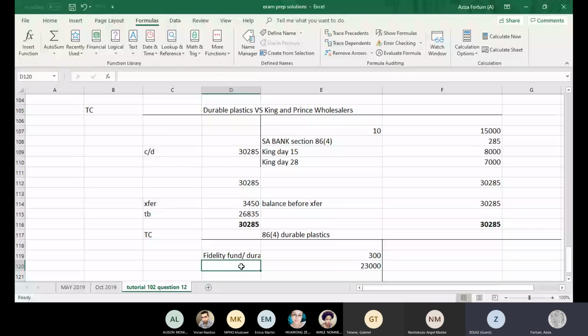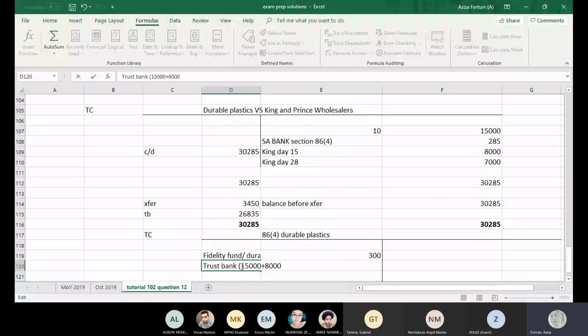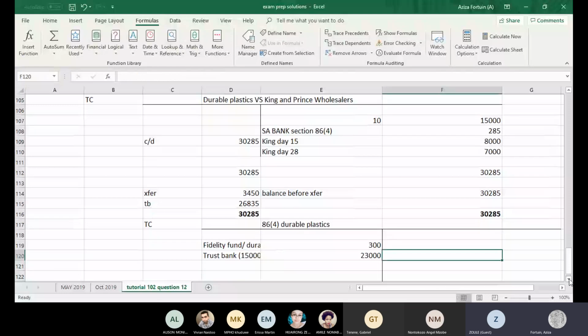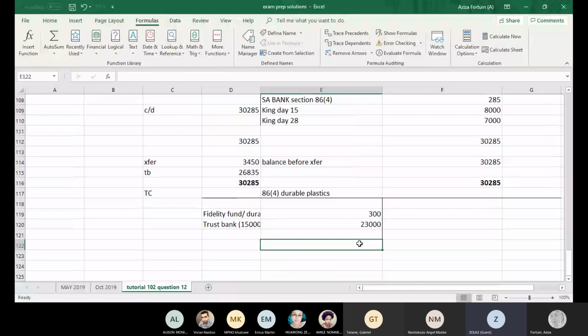Okay, which went to my trust bank, which was made of the 15,000 and the 8,000. So then I've got my 23,000. With me? Yes. And that's how I've got my 23,300.